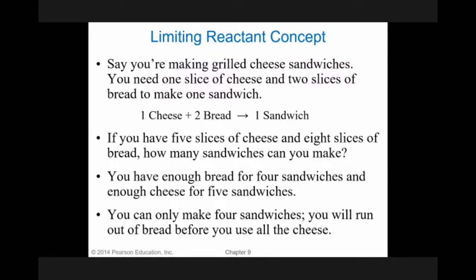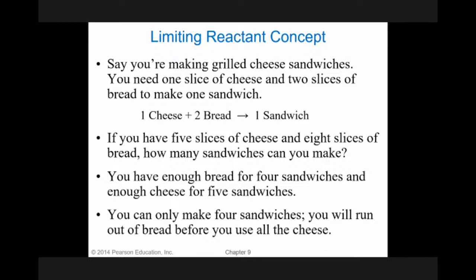Say you are making, to give you an example, grilled cheese sandwiches. You need one slice of cheese and 2 slices of bread to make one sandwich. All right? If you have 5 slices of cheese and 8 slices of bread, how many sandwiches can you make?